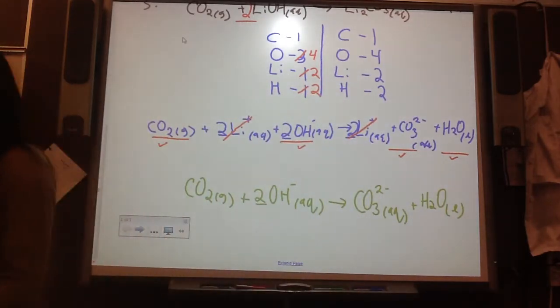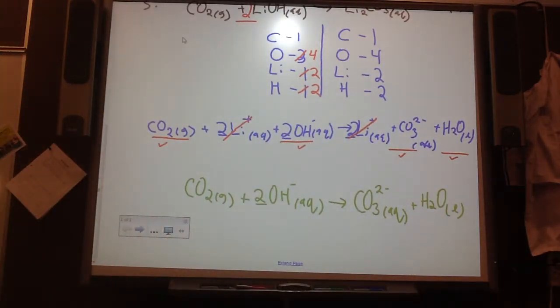Why do you leave CO2 and H2O like that and not split it up into like HOH and C? Why do I leave the CO2 and the H2O? Well, they're molecular compounds, so they don't dissociate, right?